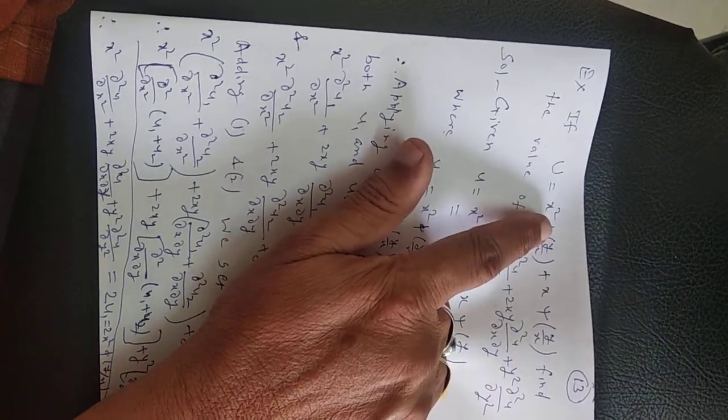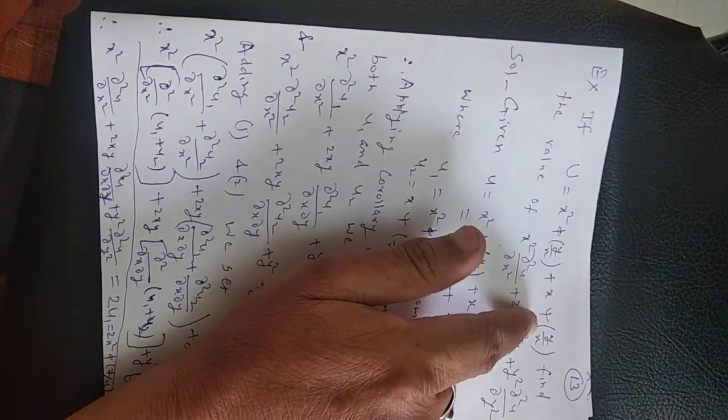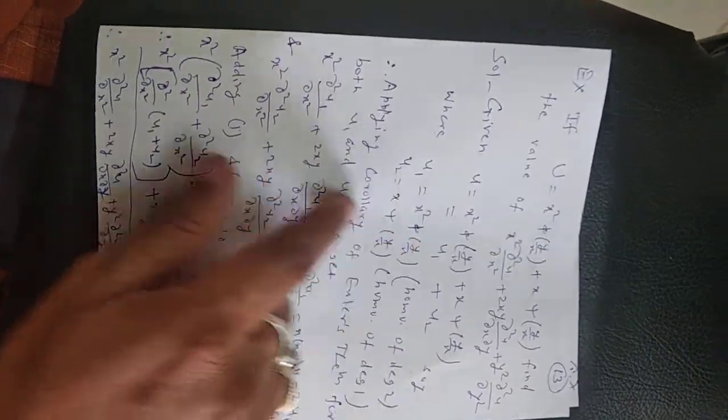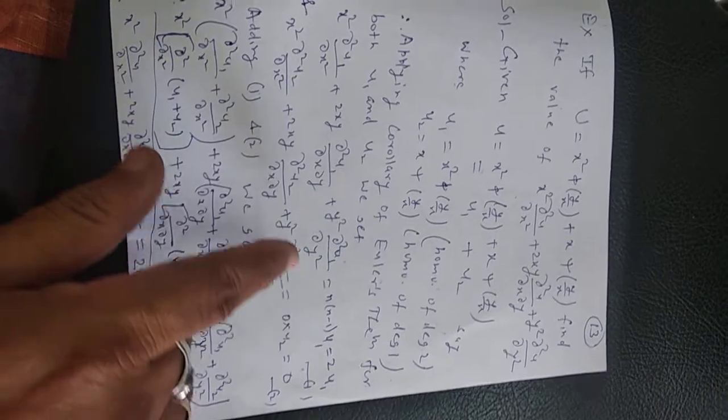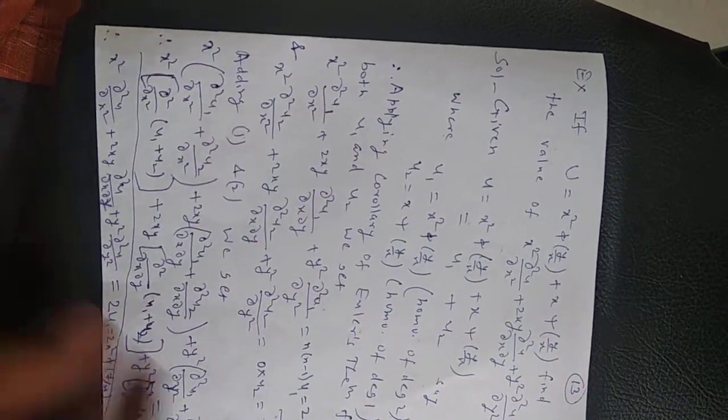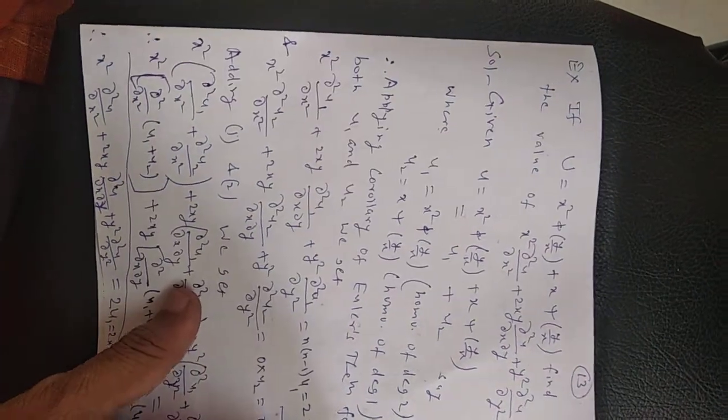For this, the degree is 2, n is 2. For this, the degree is 1, and therefore we get these two results. We add these two and directly we get this result.